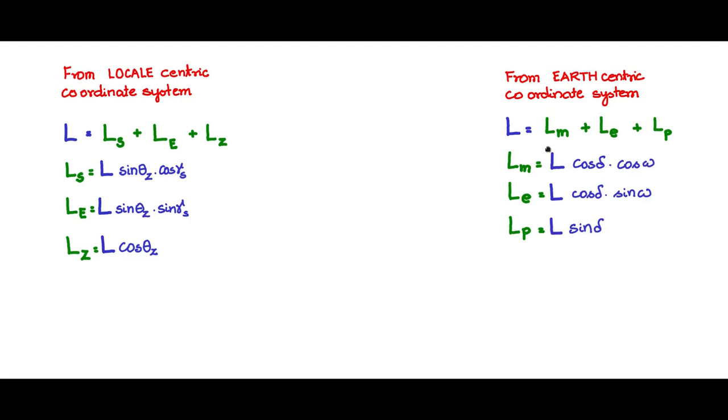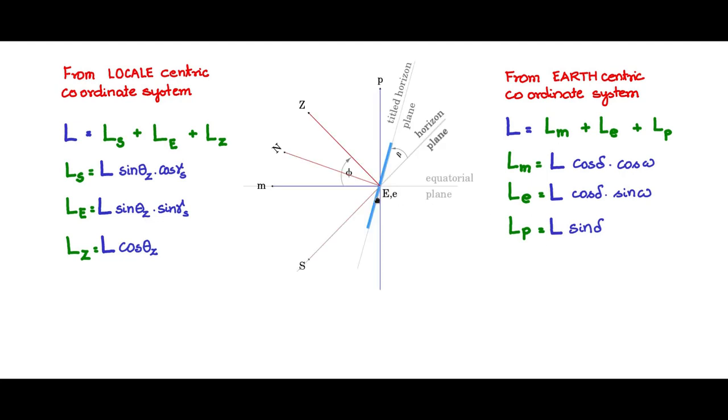Now, let us bring in the tilt also into the picture, and let us see how we get the modified insolation along the normal to the tilted flat plate collector. So we have brought in the modified merged coordinate axis system.